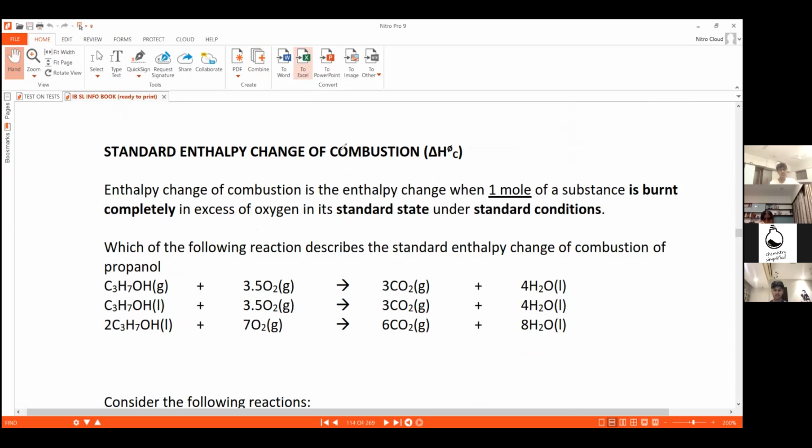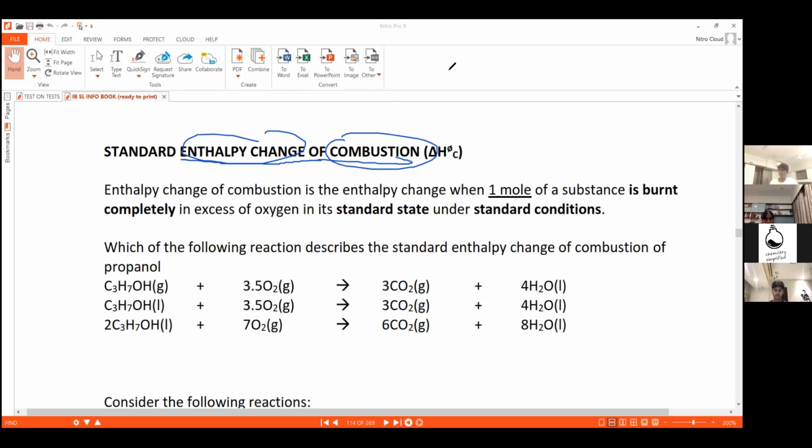Earlier we used enthalpy change of formation values. Now we are using enthalpy change of combustion values. But before that, we need to understand the definition of the enthalpy change of combustion. Enthalpy change of combustion of a substance is the enthalpy change when something is burning, something is getting combusted.